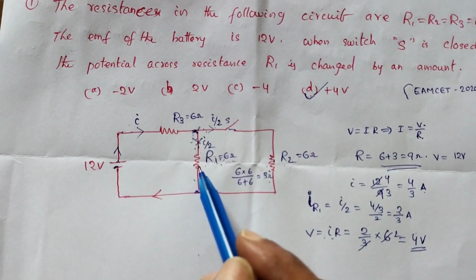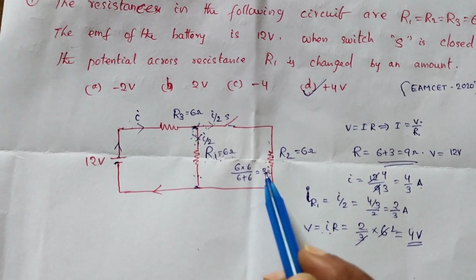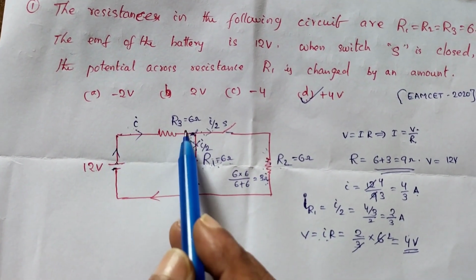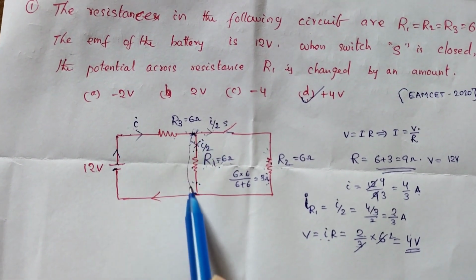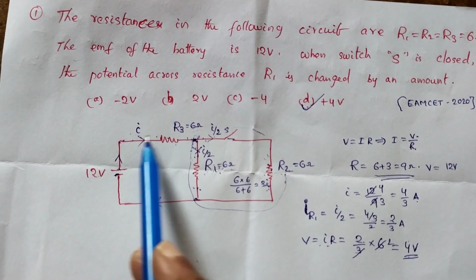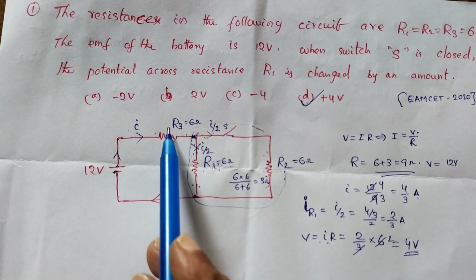If he asks across R2, it will be the same, you will get 4 volts. If he asks across R3, then this part is 4 volts, and this part is series connected. These two are V1 plus V2.